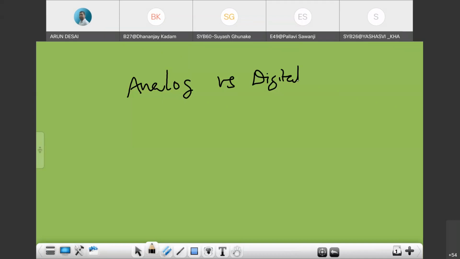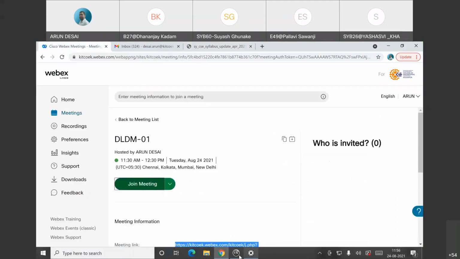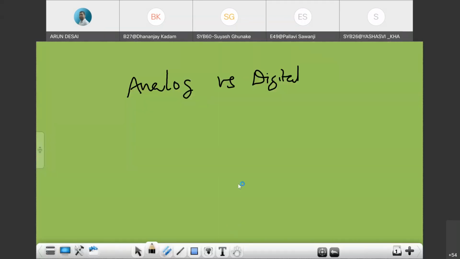Yes, anyone, any difference? You can unmute yourself or put it in the chat box.